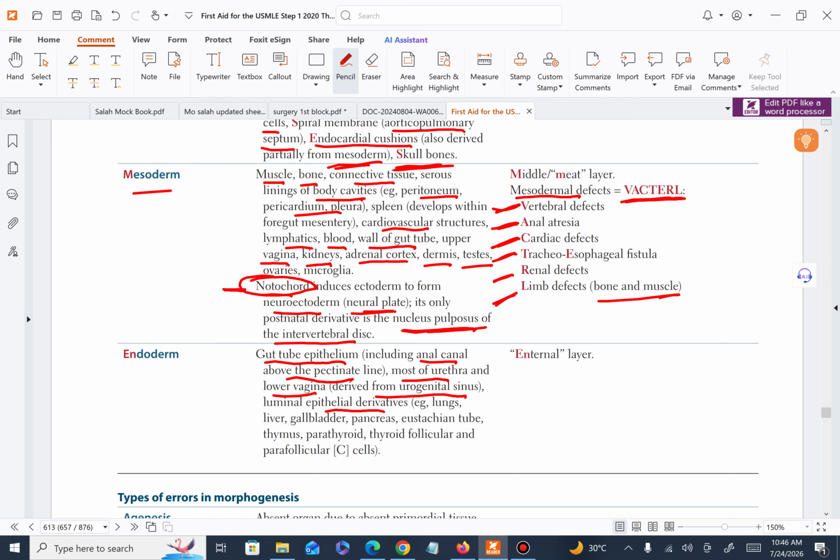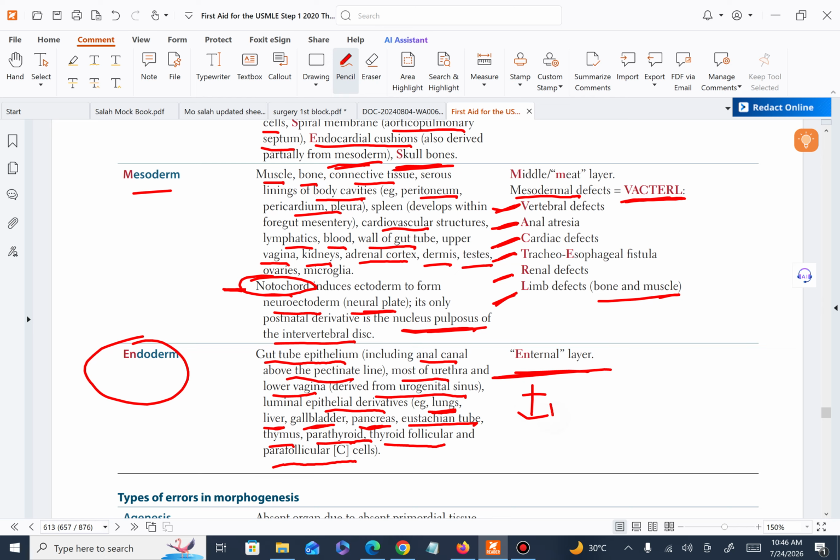Luminal epithelial derivatives, for example lungs, liver, gallbladder, pancreas, eustachian tube, thymus, parathyroid, thyroid follicular and parafollicular cells. These arise from the endoderm, which is the internal layer of the trilaminar disc.